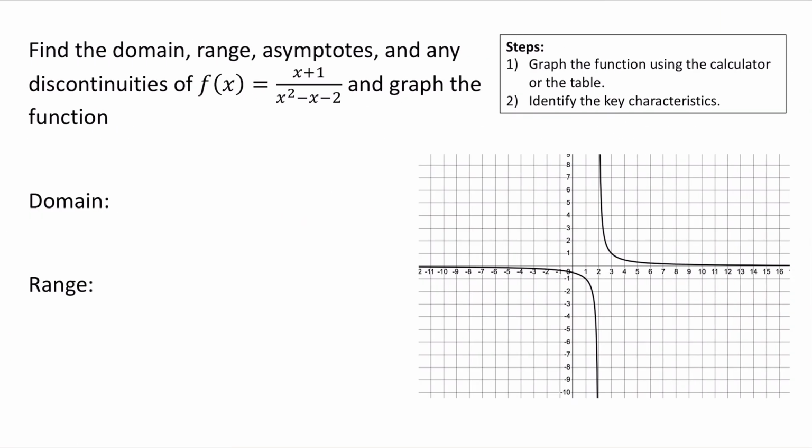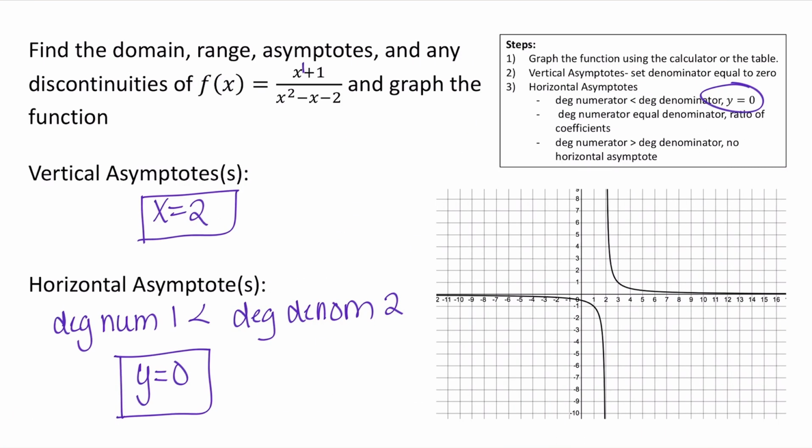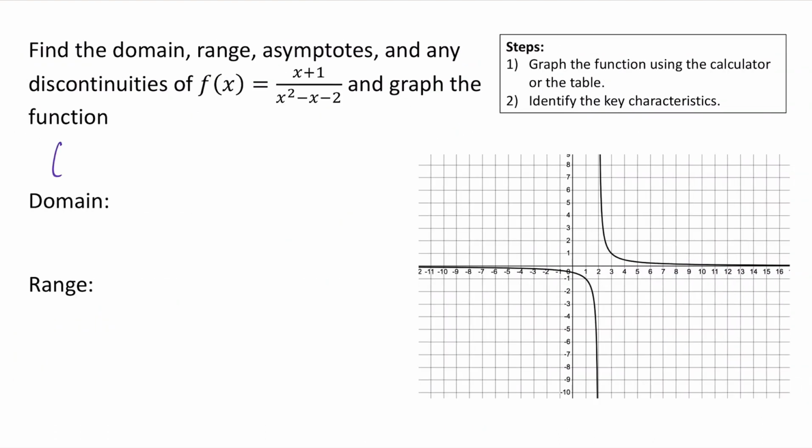Now we can go ahead and describe the domain and range. The x values are going to have a few places of discontinuity. We have this hole at -1, and x equals 2. I'm just going to write those values here just so we can remember. Domain goes from smallest to biggest.